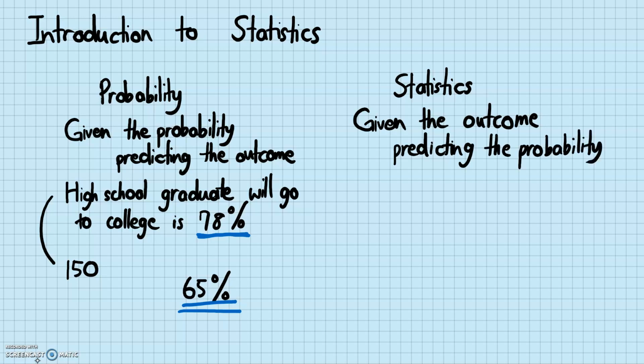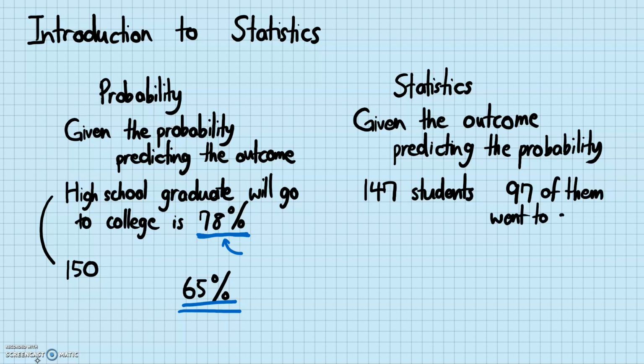So we don't know the actual probability of a high school graduate going to college, but we do know that in the previous class of high school graduates, out of 147 students, 97 of them went to college. So this is our data. Based on this data, we can find the probability.